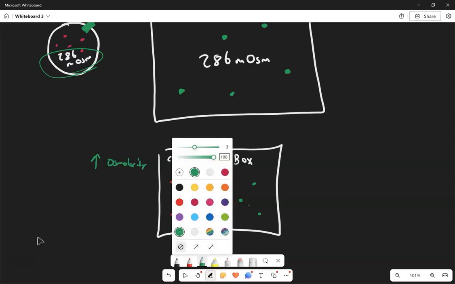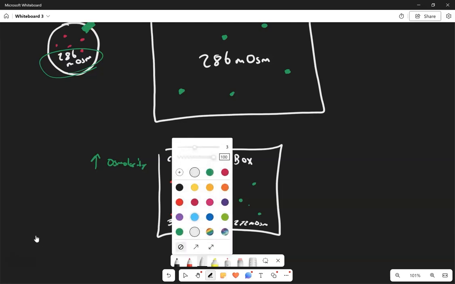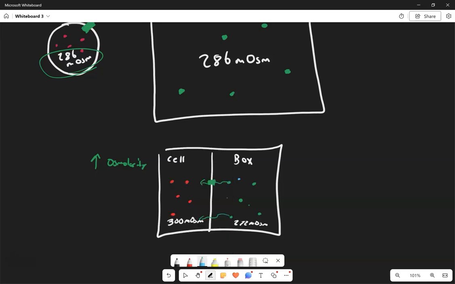So let's say that, for the sake of my argument, it goes up to 300 milliosmoles, and then the box goes down to 272 milliosmoles. What's going to happen with the water that's also inside of these cells in this box? Water is going to follow the stuff, right?